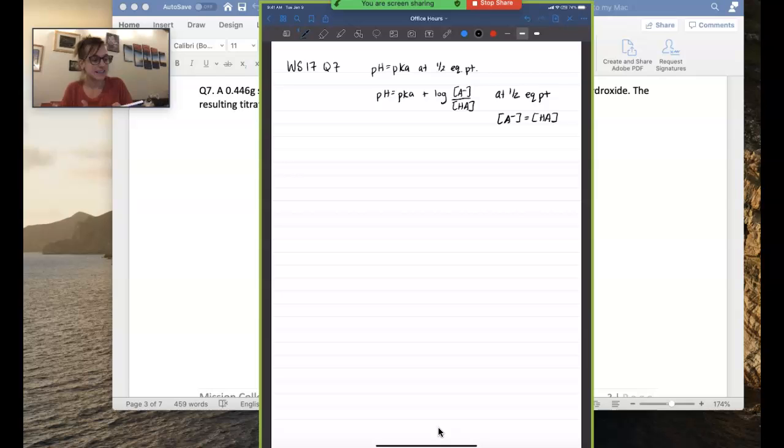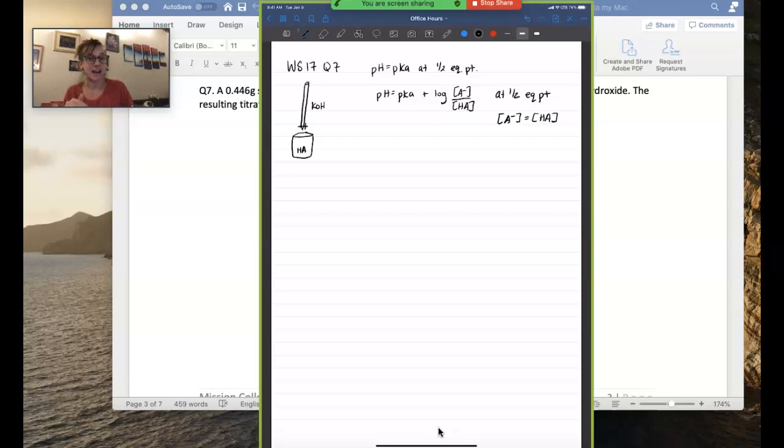Basically, that acid that's in your beaker, remember, always draw it out. So what's initially in our beaker is this acid, and what is in our burette is that strong base. We're doing a weak acid strong base titration, so KOH.